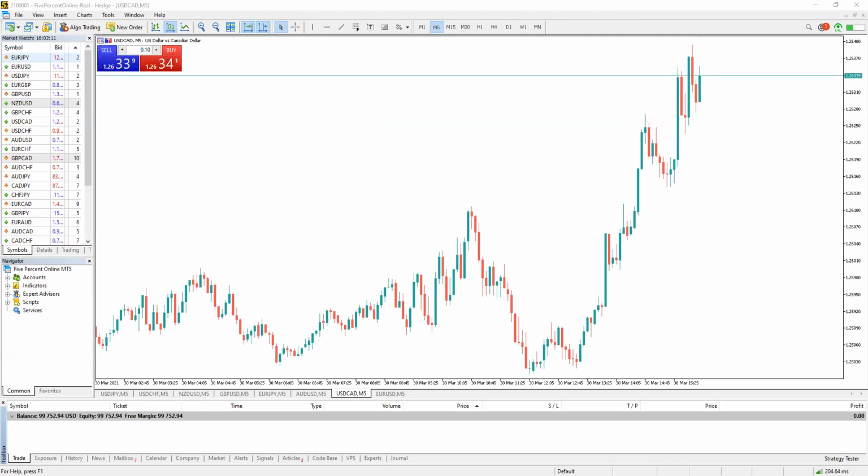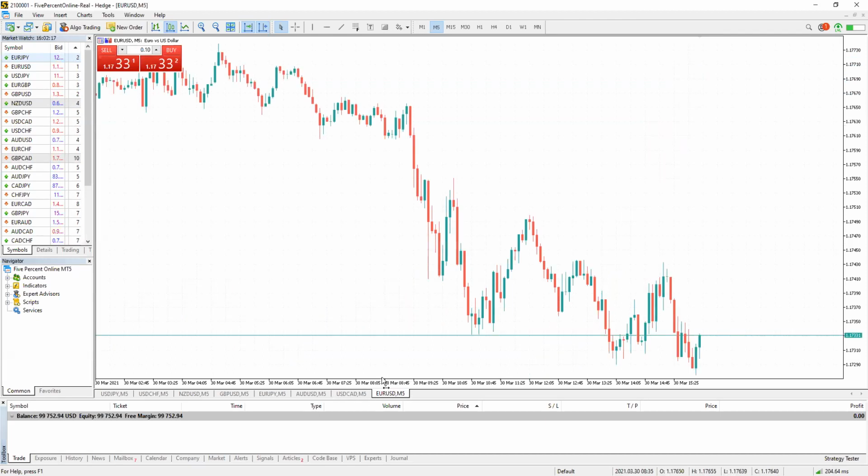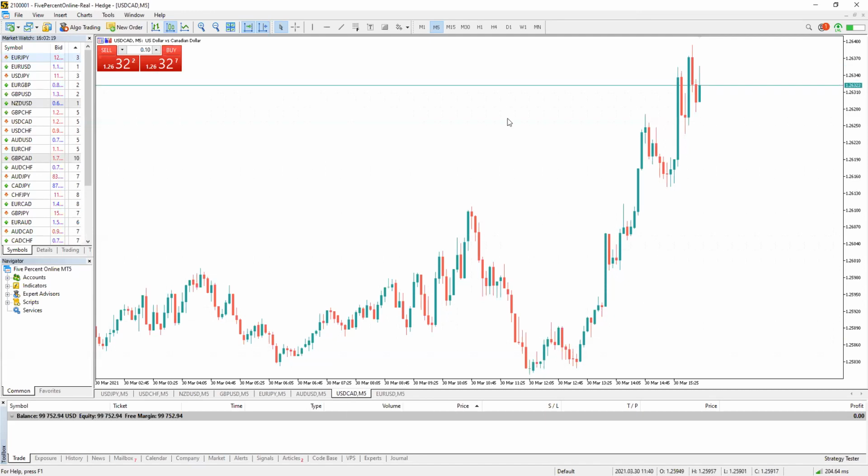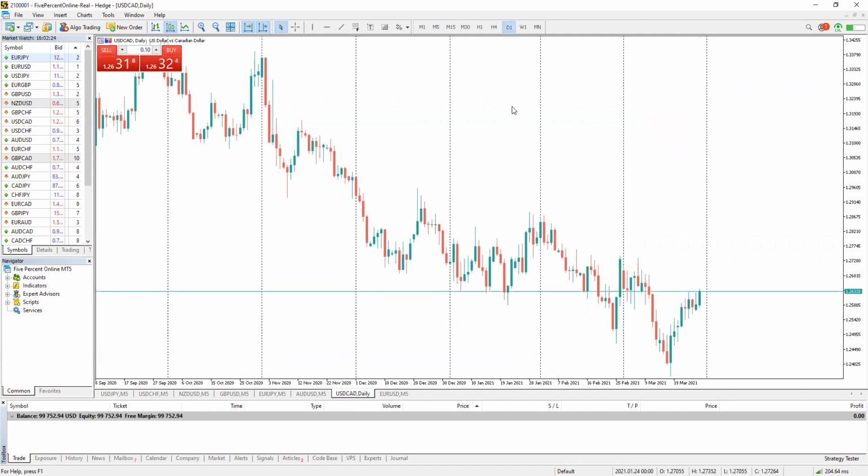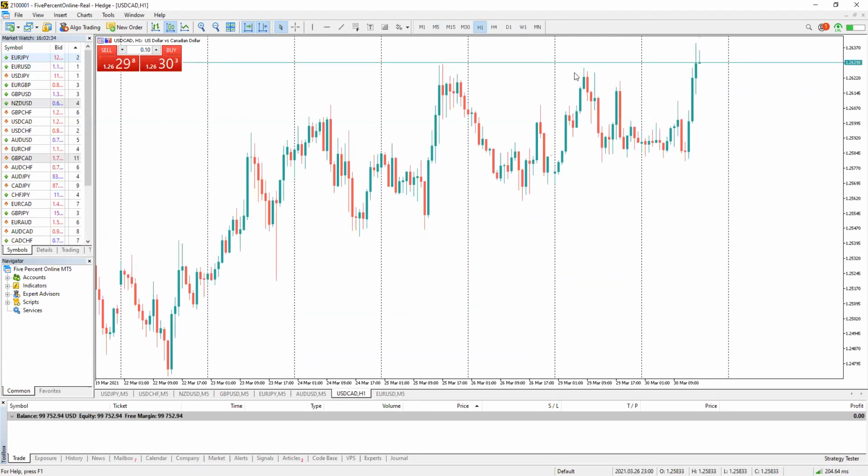Okay, let's get started. I'm looking at the dollar CAD, and I will be looking at the Euro USD again. So the dollar CAD, let me show you something on a daily chart. We have been following this down channel, but specifically today we are trying to break these levels right here.